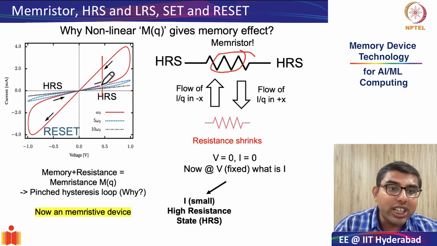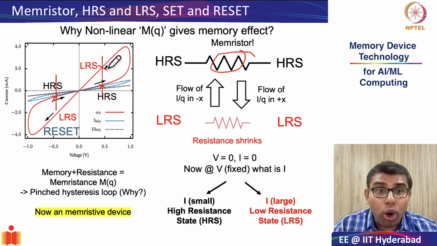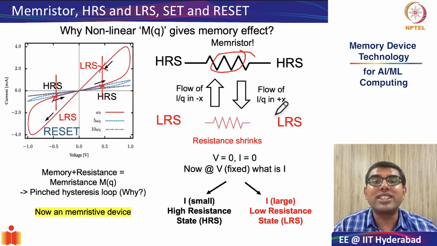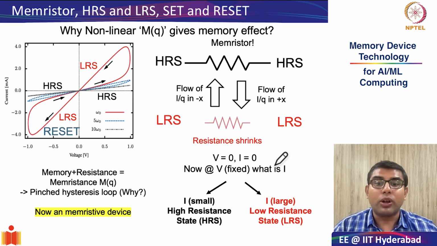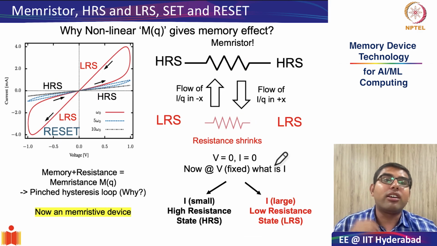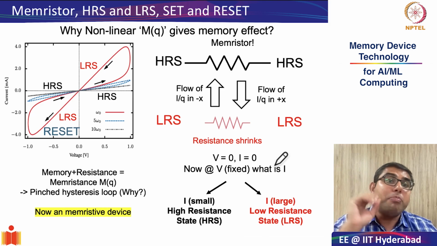For the same voltage, you are getting lower current. That is why it is in high resistance. Or for the same fixed V, you can also exist in the low resistance state. And this was your low resistance state, or LRS. So this HRS and LRS is terminology that we will keep using throughout when we study eNVMs and memristors.